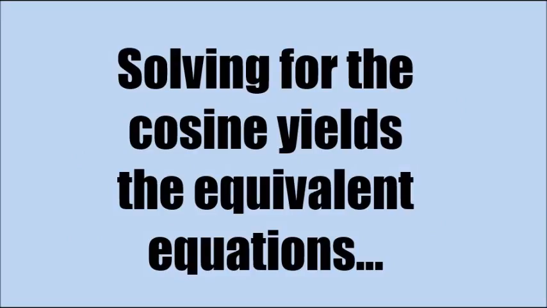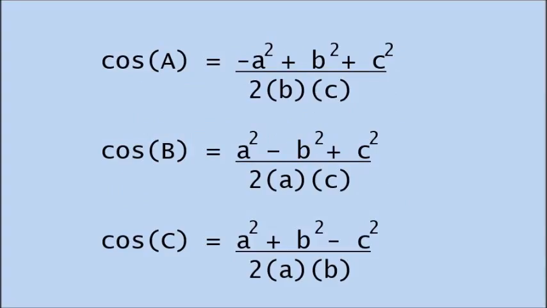As I mentioned earlier, the laws of cosine come in handy when you are trying to find the angle in a non-right triangle. The laws of cosine has an equivalent set of equations that are helpful when finding the angles. Those formulas are cosine of capital A equals negative a squared plus b squared plus c squared all divided by 2bc.